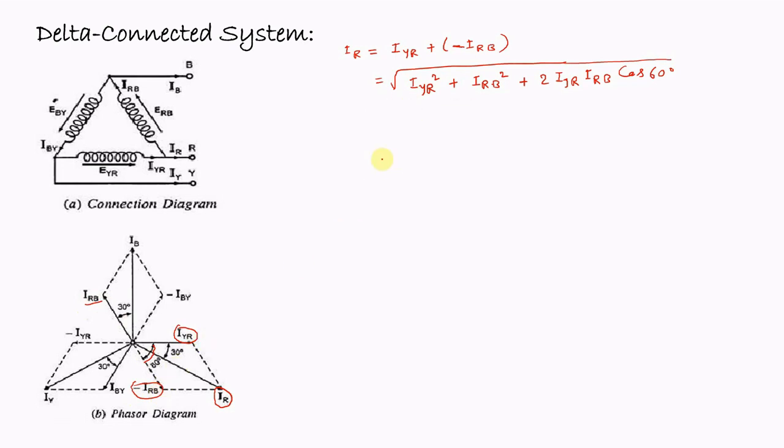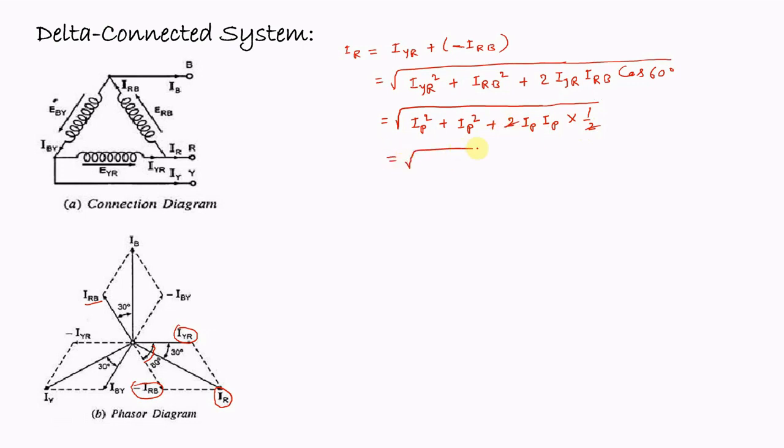As we have already discussed, for a balanced system, the phase currents are equal in magnitude. So we can write here the square root of I phase square plus I phase square plus 2 into I phase into I phase into cos 60 degree, that means 1 by 2. So here the 2's are cancelled.